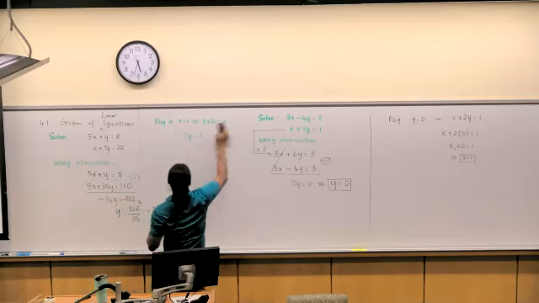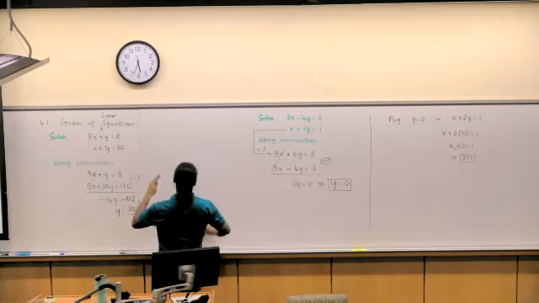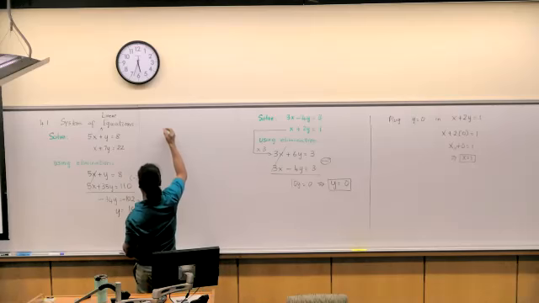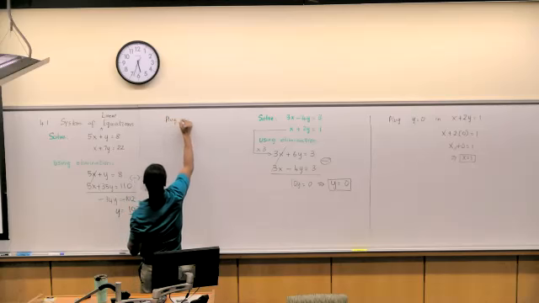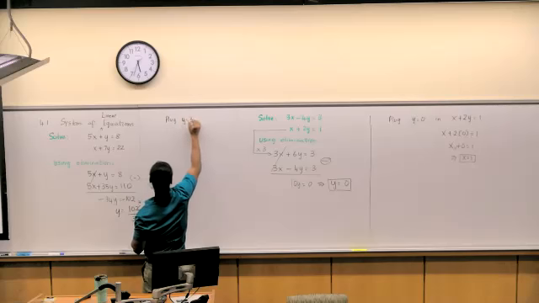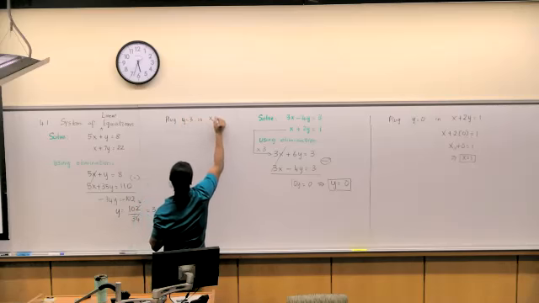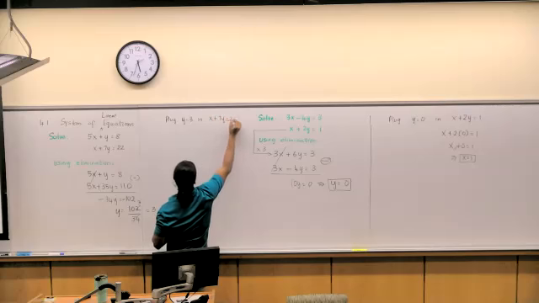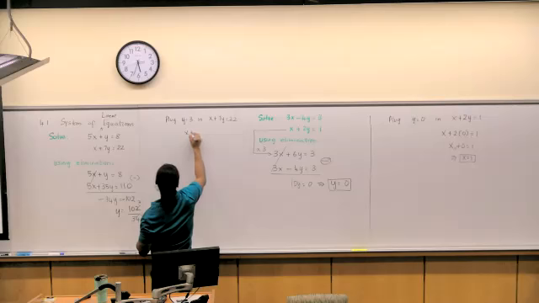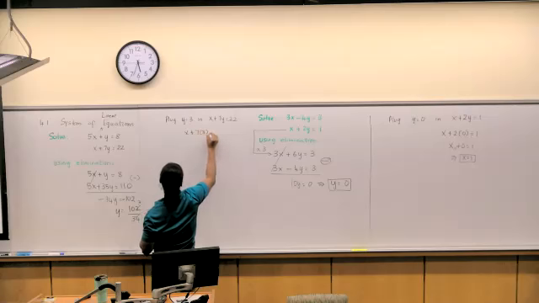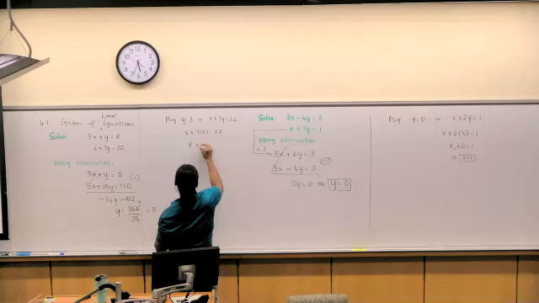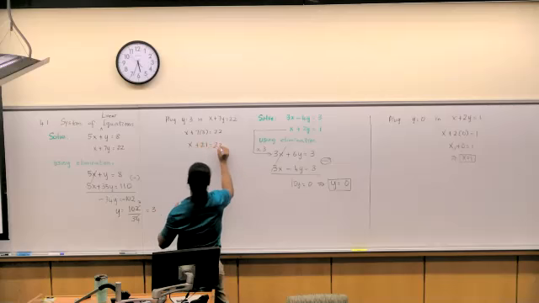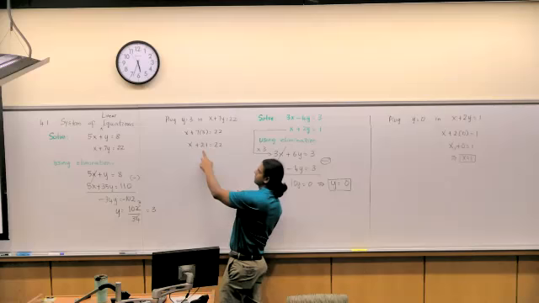Now that we have 3, we can plug that 3 in one of the two equations. Which one do you want to plug it in? Second one. x plus 7 times 3 equals 22. x would be 22. Oops. 21. 7 times 3 is 21.